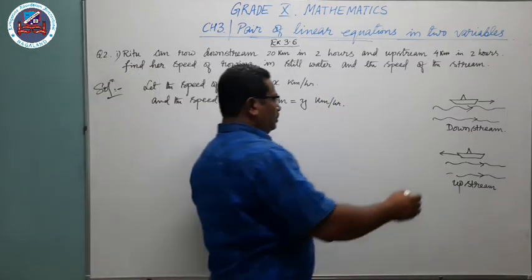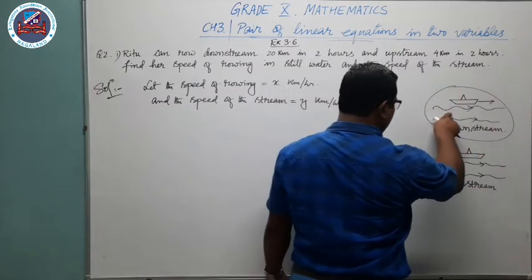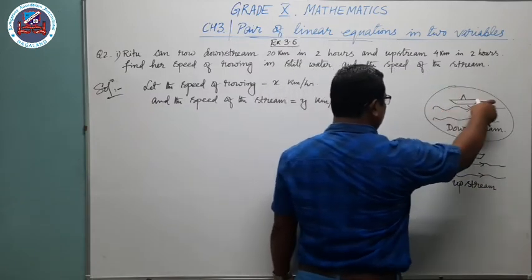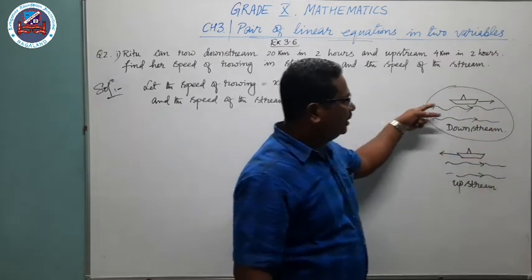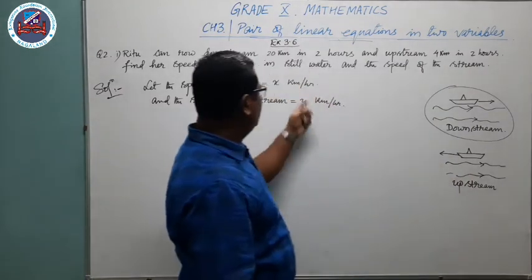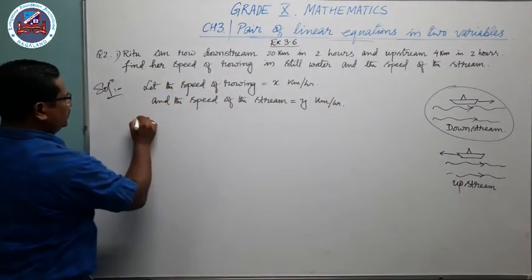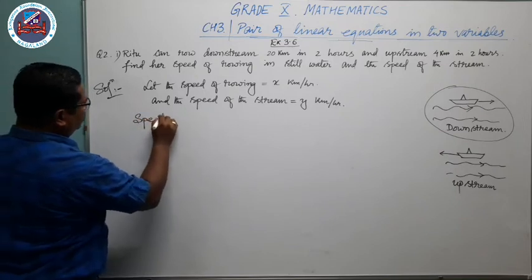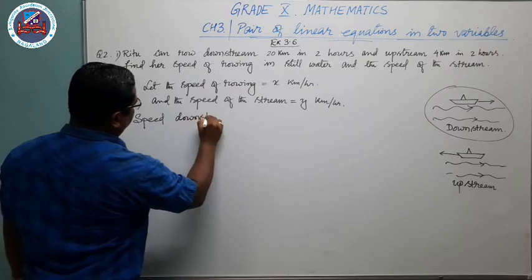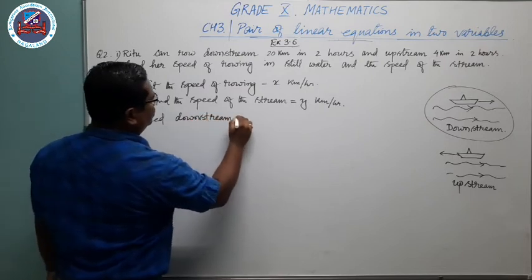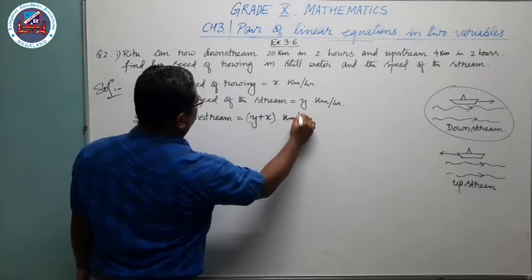Now overall, you can find the downstream speed. Speed of the water and speed of the boat are both in the same direction, so the speed will increase. So you add them up, x plus y or y plus x. Speed downstream, overall speed downstream, will be y plus x kilometer per hour.